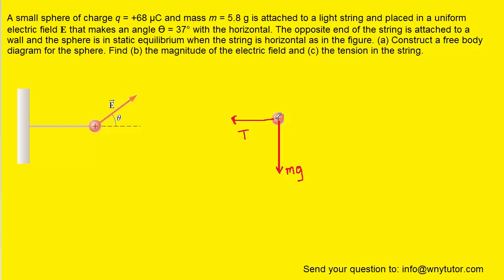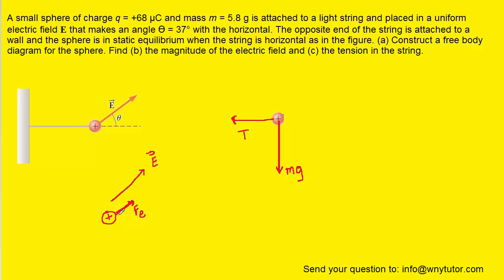There is a third force acting here, and it turns out to be the electric force. We have to recall the concept that when we have an electric field pointing in a particular direction, and then we place a positive charge in that electric field, that charge will experience an electric force, and that force will point in the same direction as the electric field.